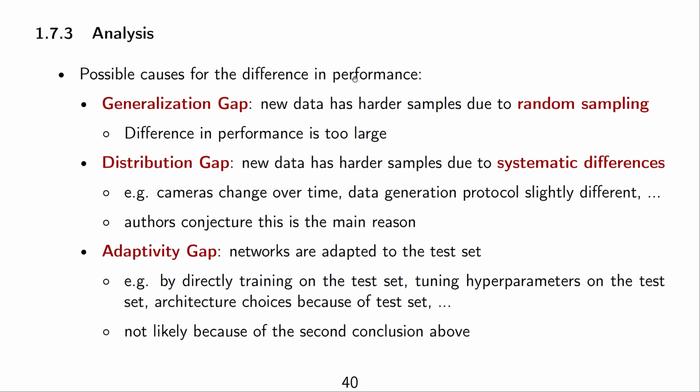But it doesn't have to be outright that bad. Maybe people do something more subtle, like tuning hyperparameters on the test set, or maybe even less subtle, just architecture choices get made and then evaluated ultimately on the test set. And then these architecture choices, maybe over time, are more and more informed about the test set.